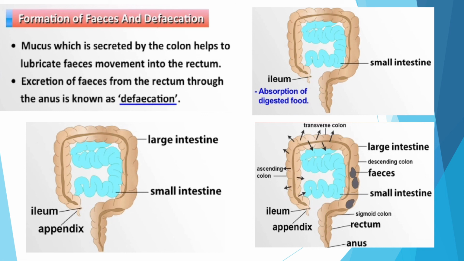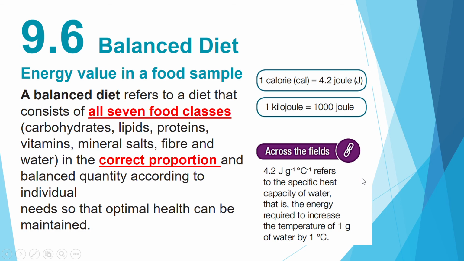The movement is real fast, and there is very little water absorption back into the blood circulatory system. And when you are having diarrhea, that's when you need to hydrate yourself well by drinking lots of water, so that your body will not be dehydrated. All right.